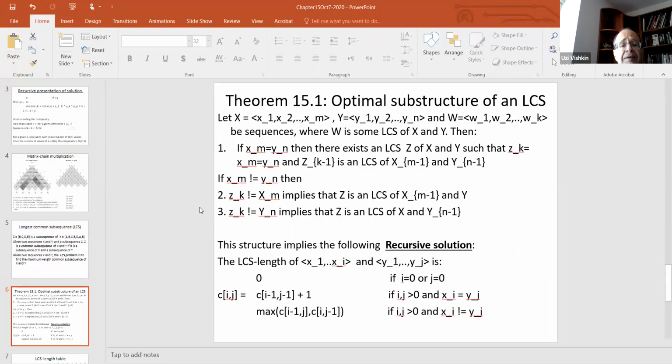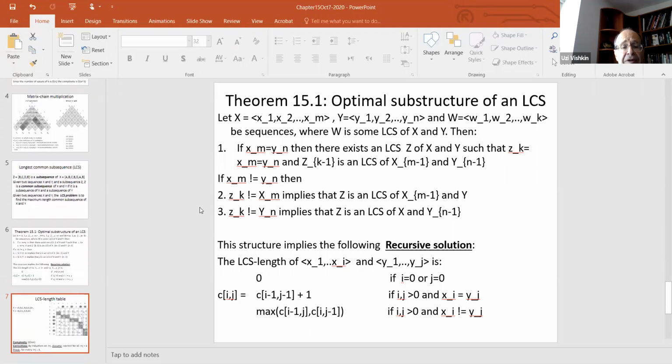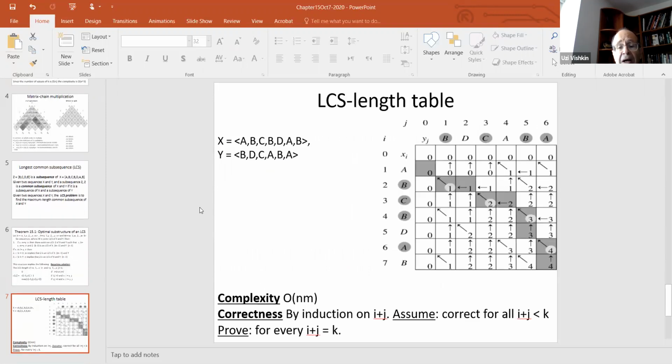And the observation there was that the length of the common subsequence, if you look at the prefix of the two sequences, so this is sequence Y, this is sequence X, at any point in this array represents the longest subsequence up to this point for the two prefixes that end here.